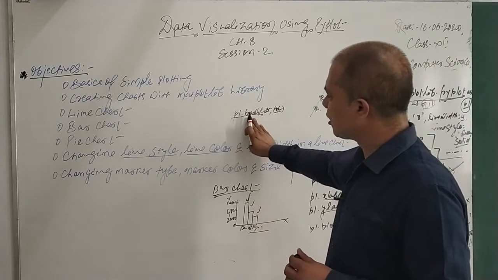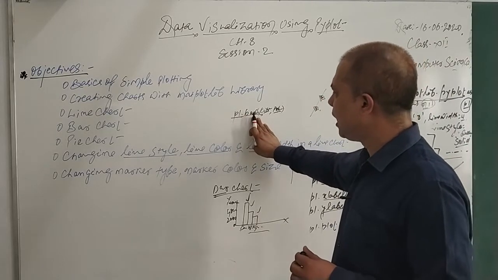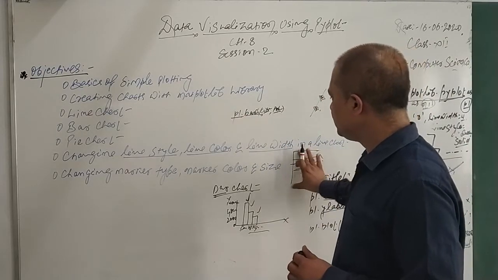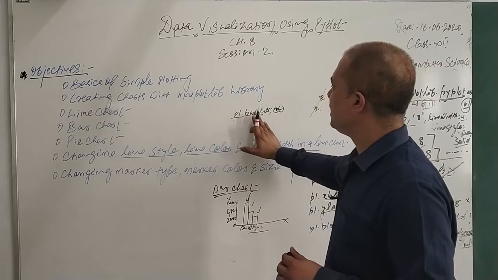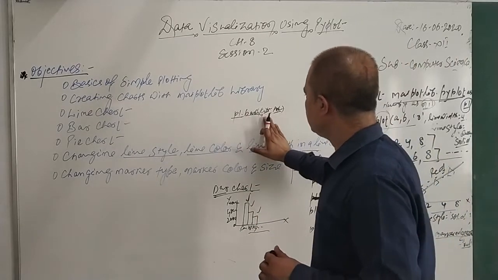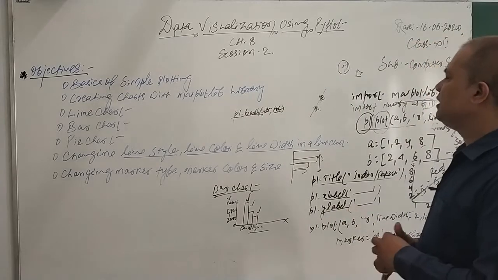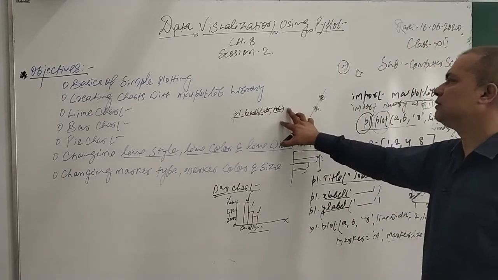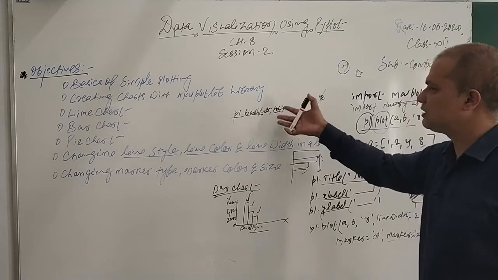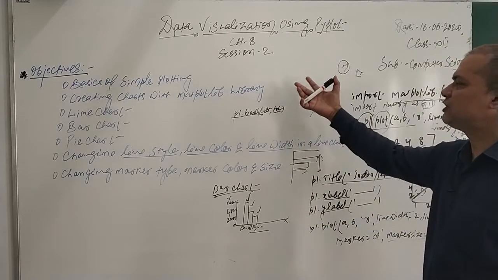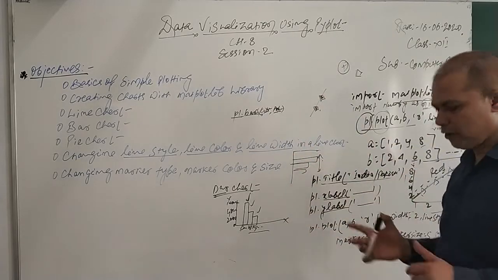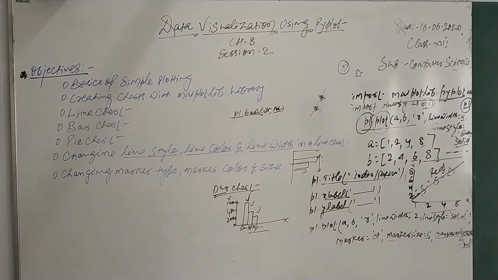To draw the column, plt.bar, and if you draw horizontally, because this is a vertical one, then you have to say barh and then the two data. Any data you can pass, cities, comma, population. Here the x-axis will be the city, the y-axis will be the population, and a bar chart will be drawn. That is how to draw the bar chart.